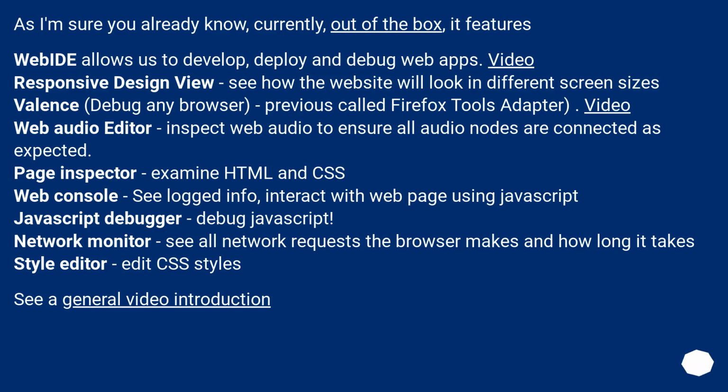Page Inspector, to examine HTML and CSS. Web Console, to see logged info and interact with the web page using JavaScript. JavaScript Debugger, to debug JavaScript. Network Monitor, to see all network requests the browser makes and how long it takes. Style Editor, to edit CSS styles. See a general video introduction.